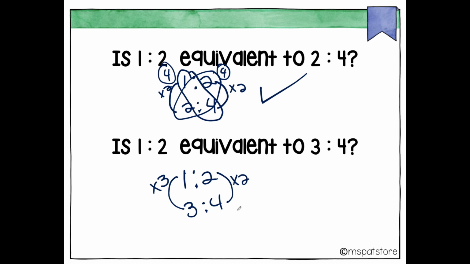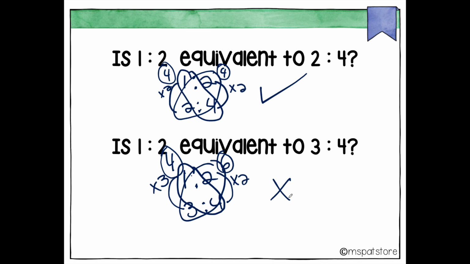I see that I am not multiplying my ratio by the same number. Let's continue to try to find out. 1 times 4 is 4, and 2 times 3 is 6. Oops! Nope, they are not equivalent. All right, so that's how you find out if ratios are equivalent or not.